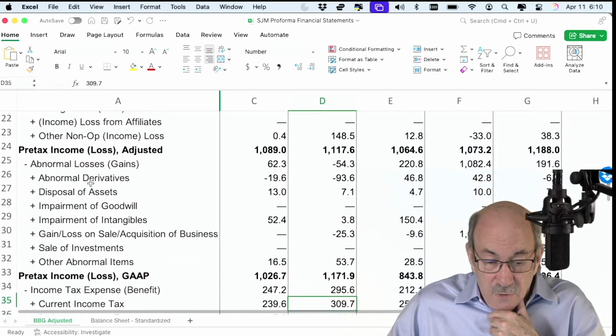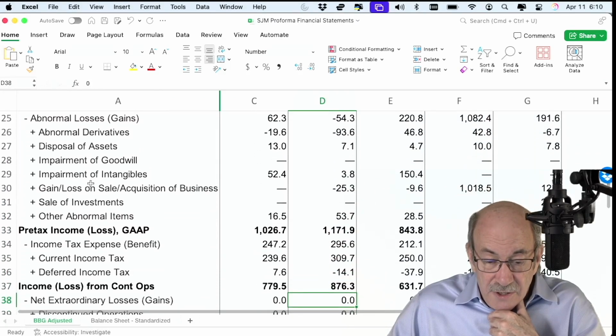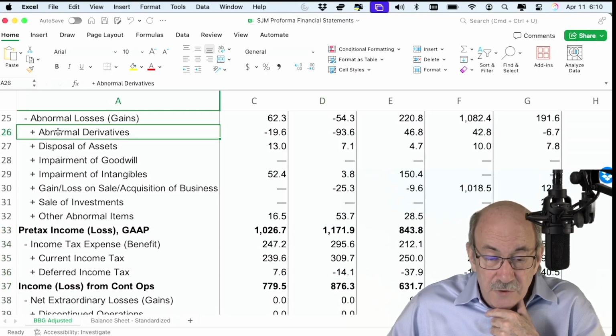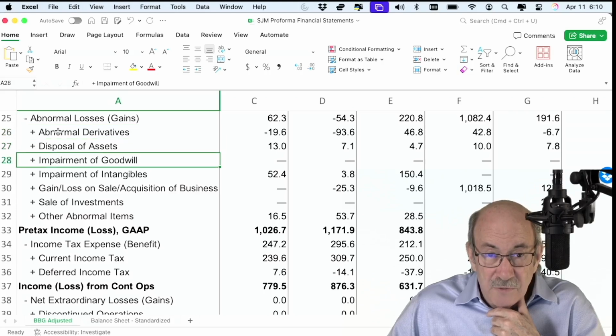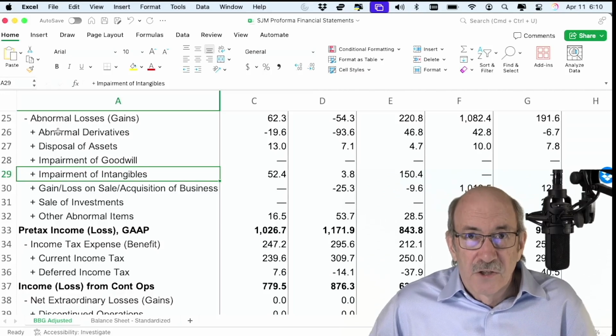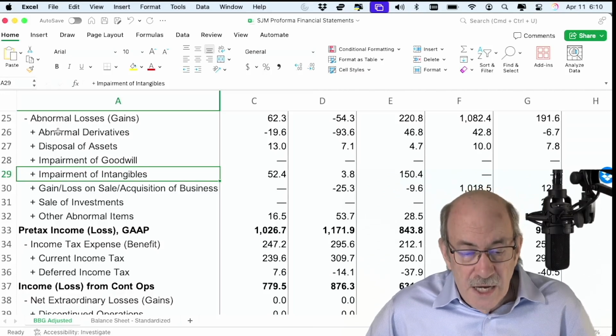And then likewise down here, I'm going to collapse all of this and get rid of things like abnormal derivatives, disposal of assets, impairment of goodwill. Most of those things aren't going to affect our company, AIT.